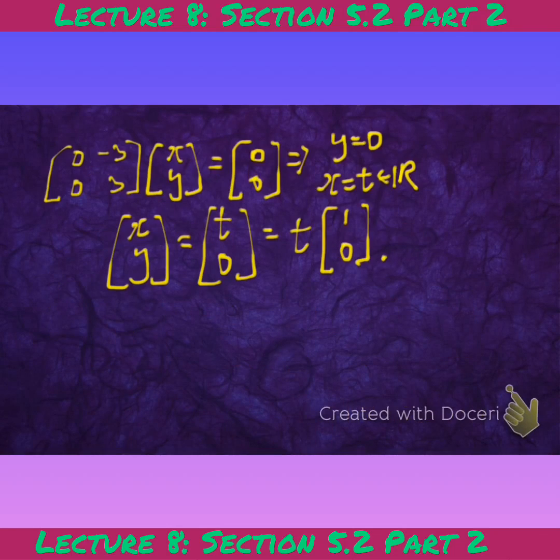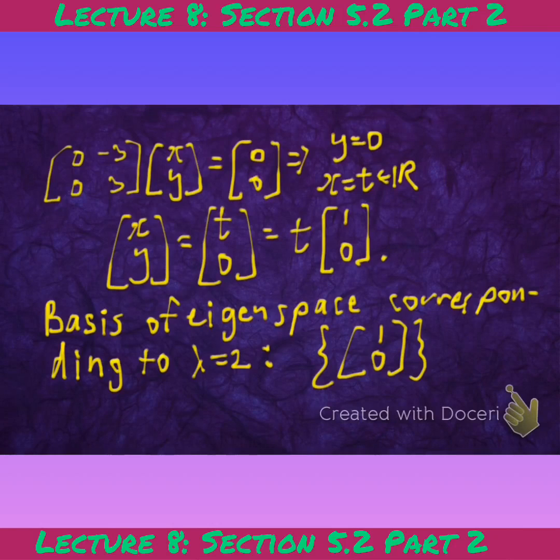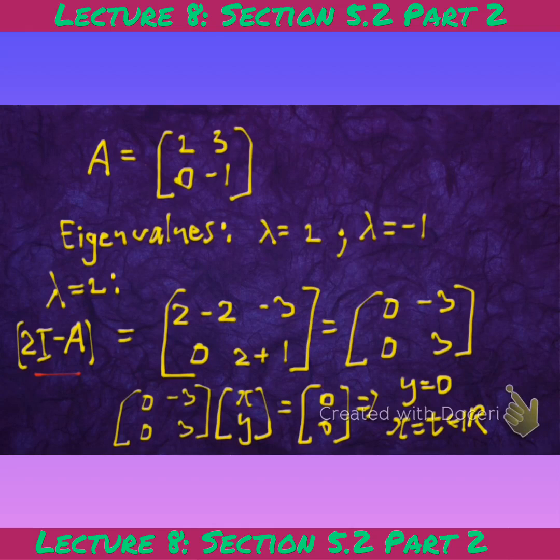So that becomes all values x, y such that x is t and y is 0, and therefore the basis of the eigenspace corresponding to lambda equals 2 is the vector (1, 0).